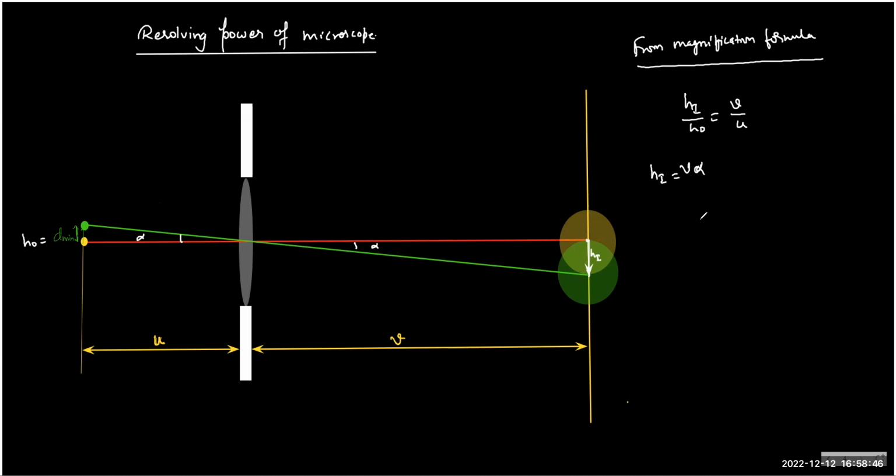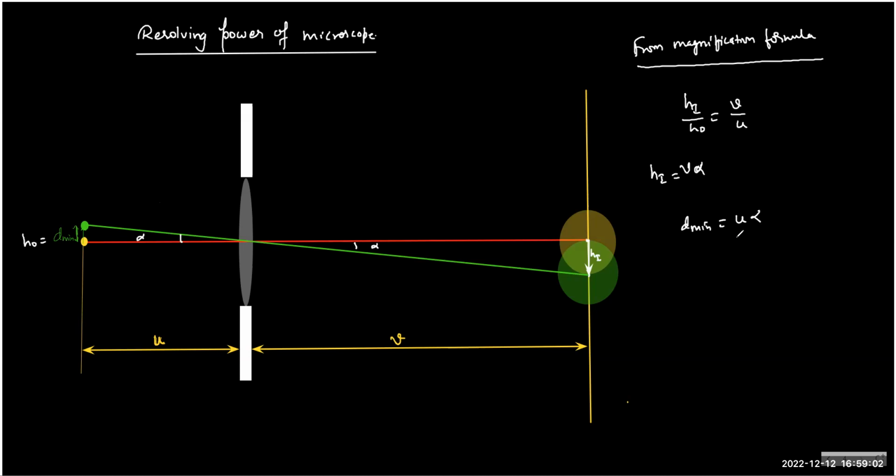So how to relate the D minimum? You can see that D minimum is U alpha, but alpha we know. So D minimum is how much? It's U alpha. That's simple.